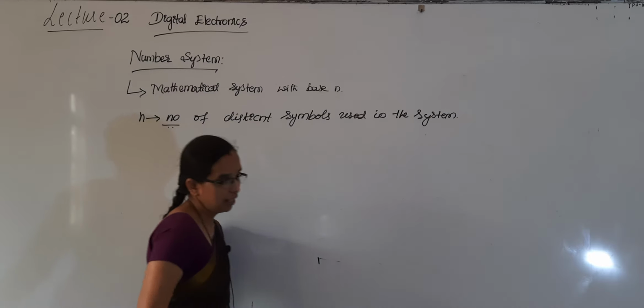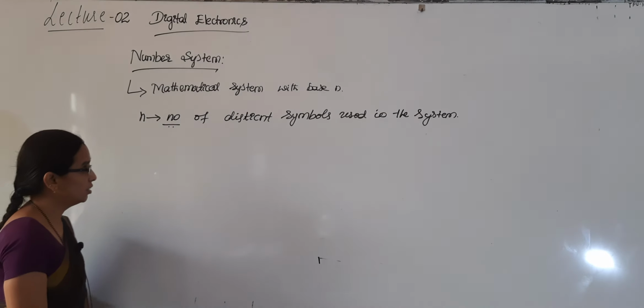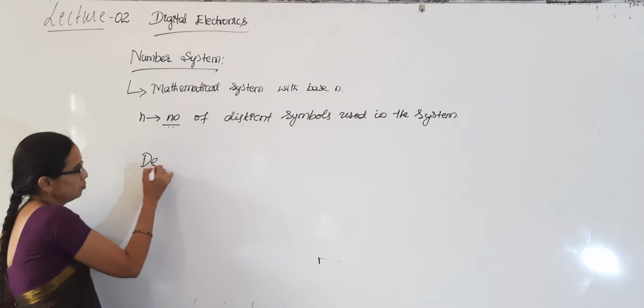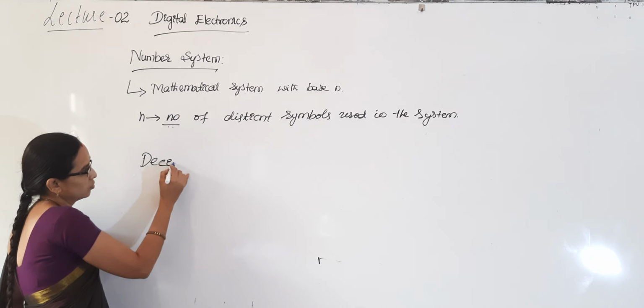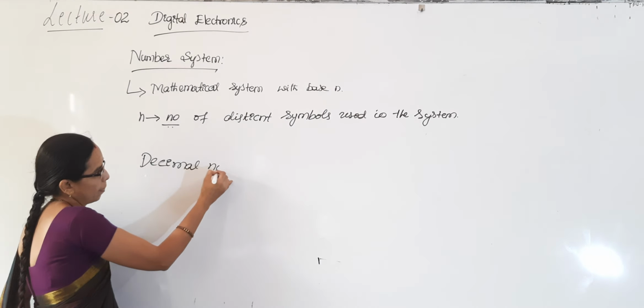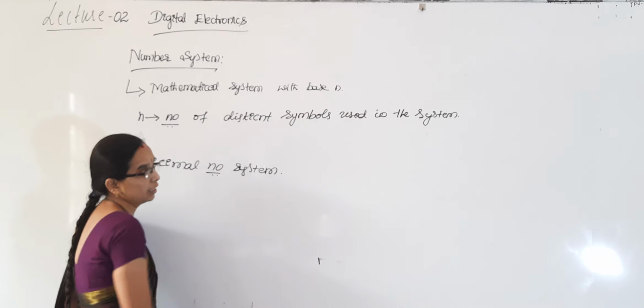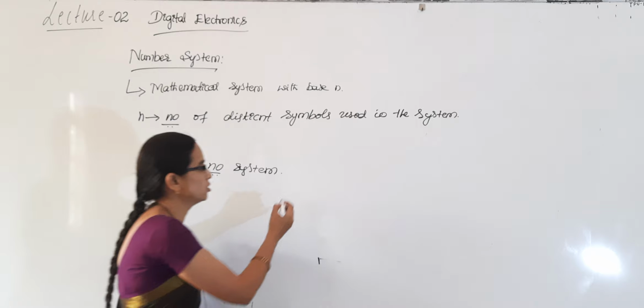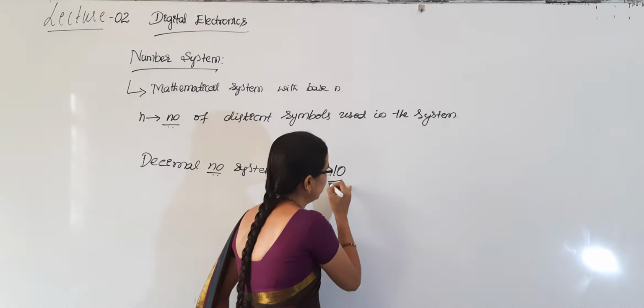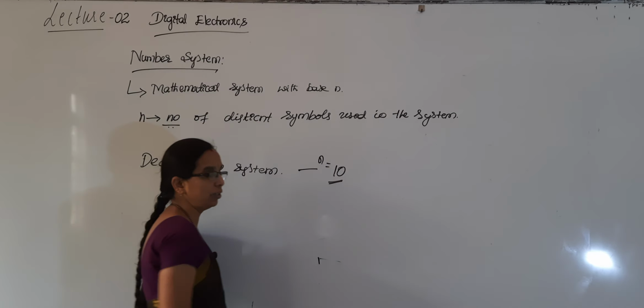You are familiar with the decimal number system. In the decimal number system, we use 10 different symbols, so the value of n is equal to 10 here.